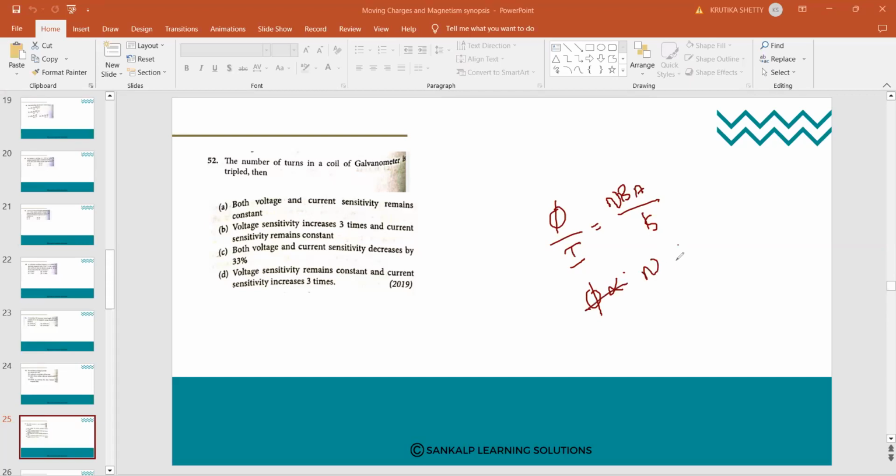When N is tripled, the current sensitivity increases by 3 times. Option D. So voltage sensitivity remains constant, but current sensitivity increases by 3 times.